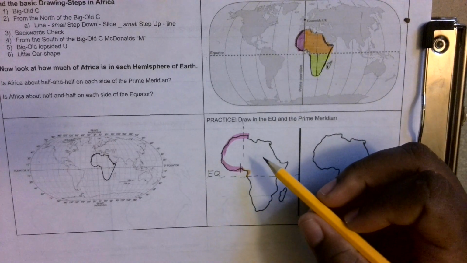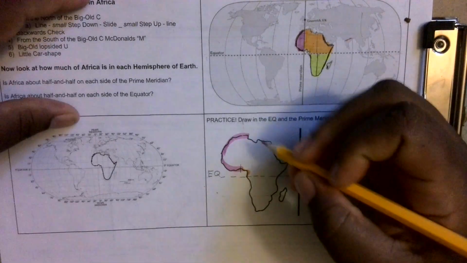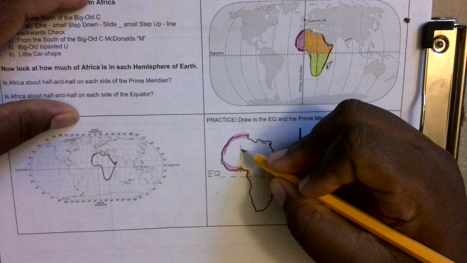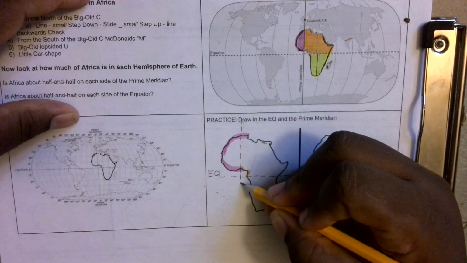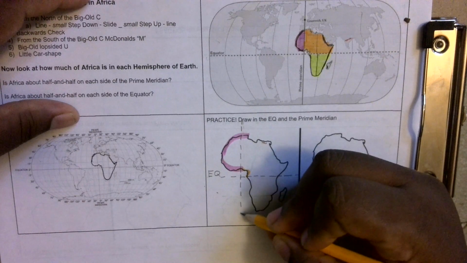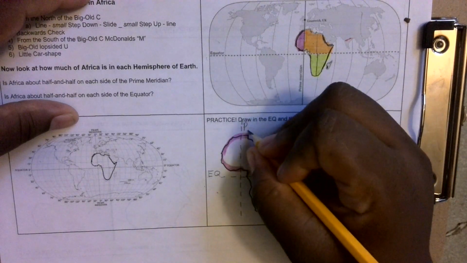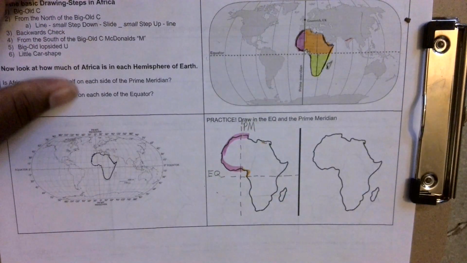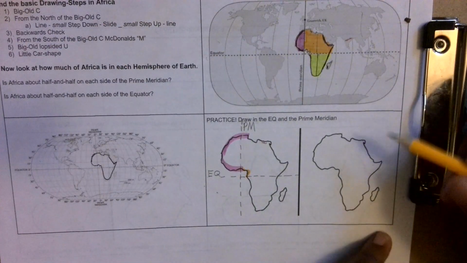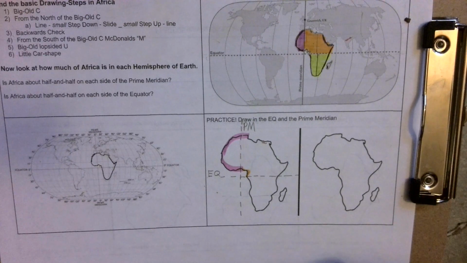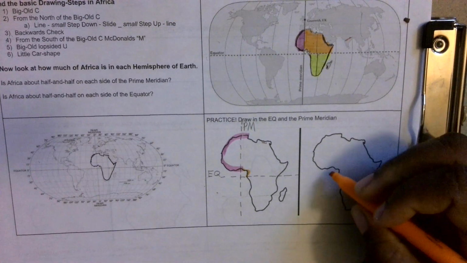So I'm actually going to move that line over. And so there's the prime meridian. I'm going to use my McDonald's M as a guide.